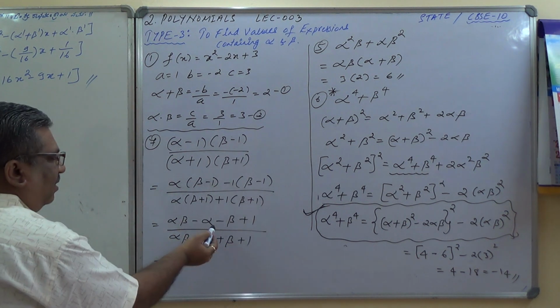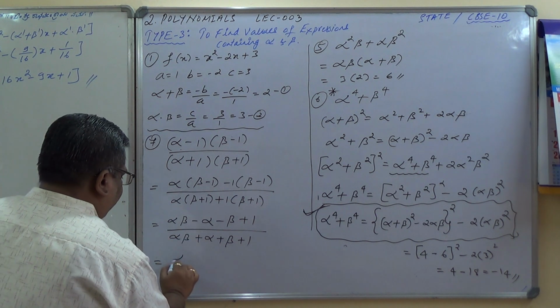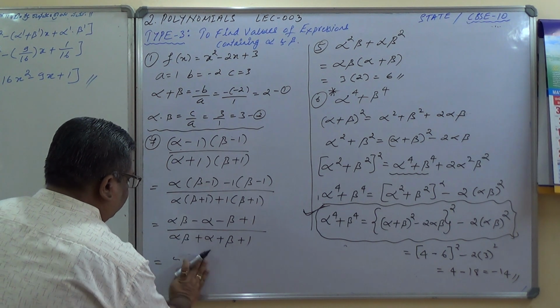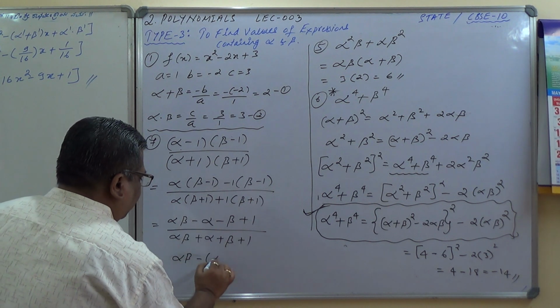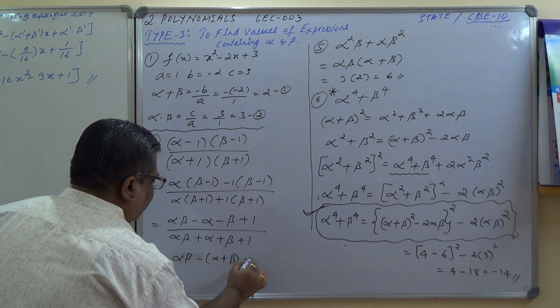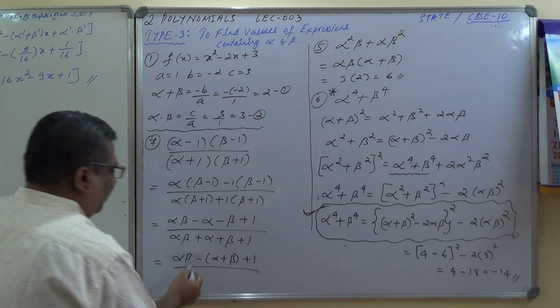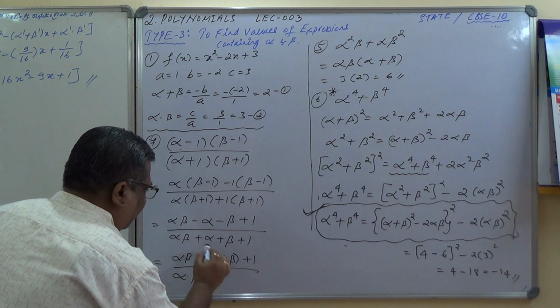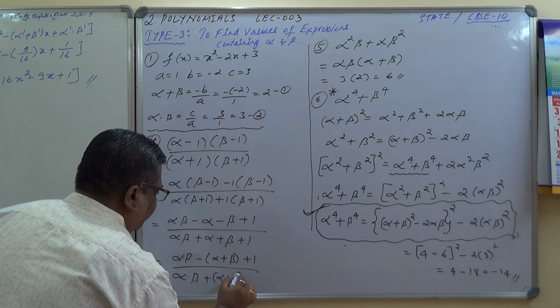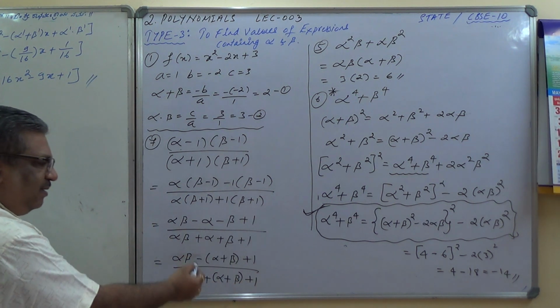Here, alpha into beta written as it is, minus you take common, this becomes (alpha plus beta) plus 1, the whole divided by alpha into beta plus (alpha plus beta) plus 1. Correct? Yes.